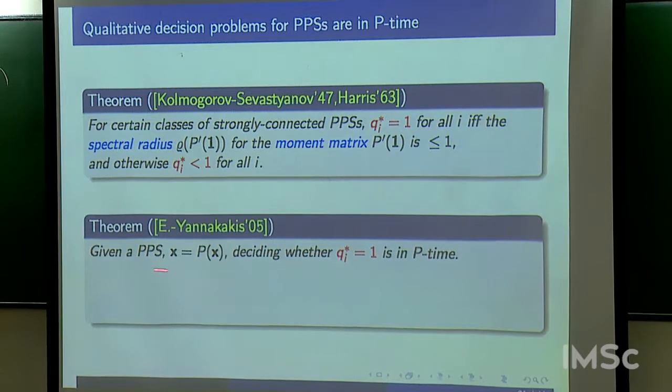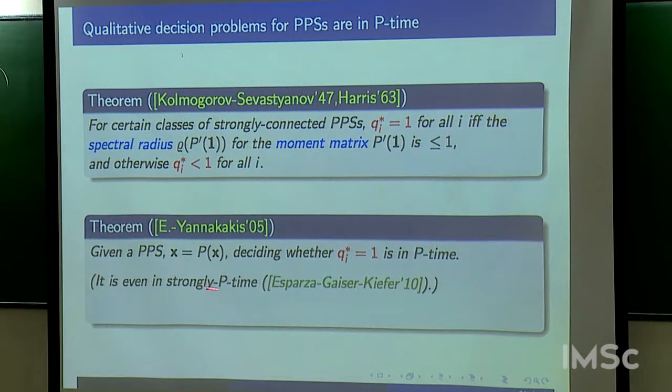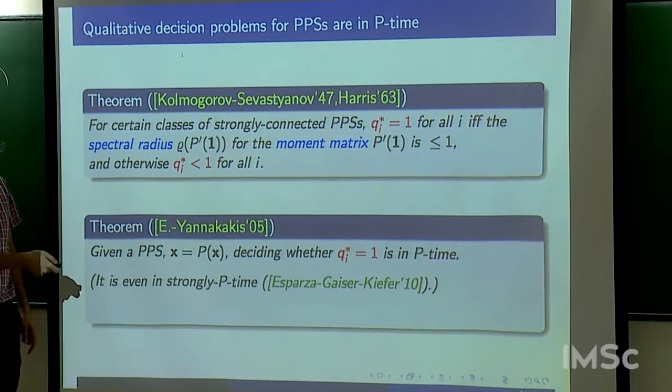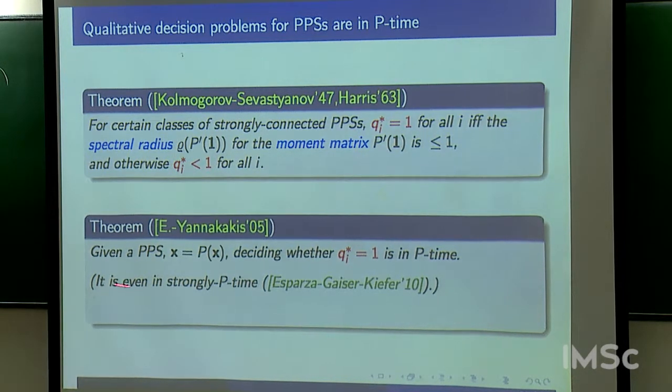Using this and a little bit of graph theoretic decomposition and so forth, you can give a polynomial time decision procedure for deciding whether any particular coordinate is exactly 1, and this is what we did back in 2005. In fact, we used linear programming in our polynomial time procedure, and later on, Esparza et al. observed, with a neat trick, that you can actually do it with just solving linear systems of equations.